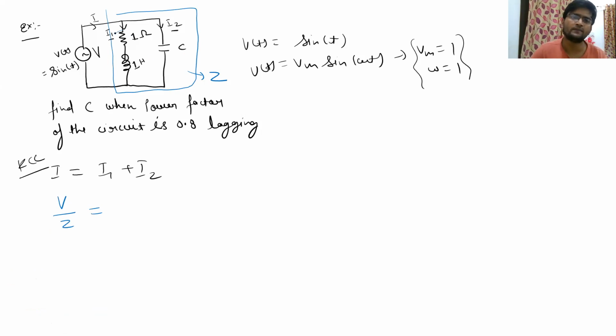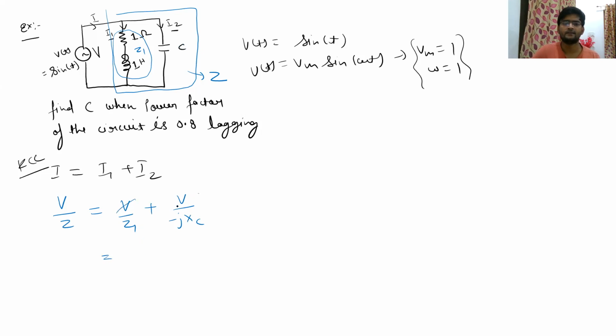I1 is the ratio of voltage to the combination of this resistor and inductor. So let me call this Z1. So this will be V upon Z1 plus, what is this? This is the capacitor, and we can write it as minus j XC, right? Now, let us focus on this Z1 first. So what is Z1?